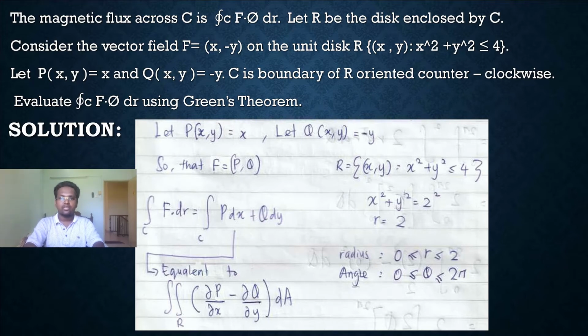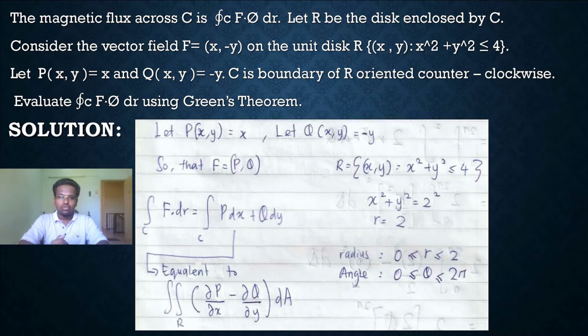Consider the vector field F equal to (x, negative y) on the disk R, where x squared plus y squared is equal to 4. Let P be x and let Q be negative y. C is the boundary of R, oriented counterclockwise. Evaluate the integration of F dot dr using Green's theorem.